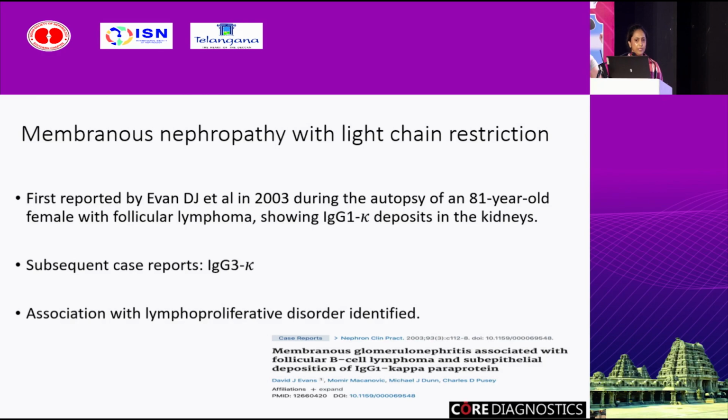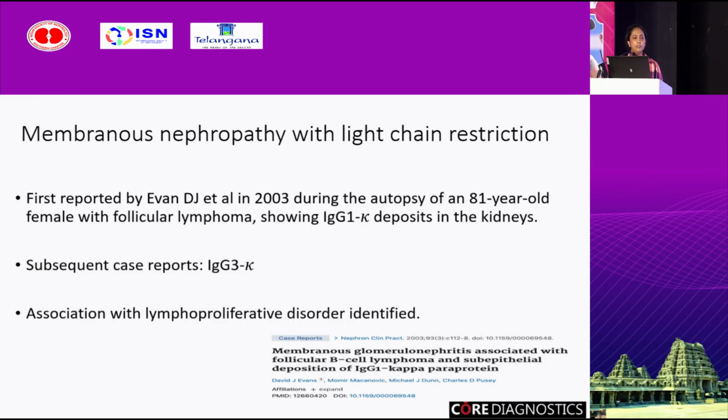Now, membranous nephropathy is a common cause of nephrotic syndrome. However, light chain restriction is extremely rare. It was first reported by Evan DJ et al. in 2003 during the autopsy of an 81-year-old female who had follicular lymphoma and showed IgG1 and kappa deposits in the kidneys.